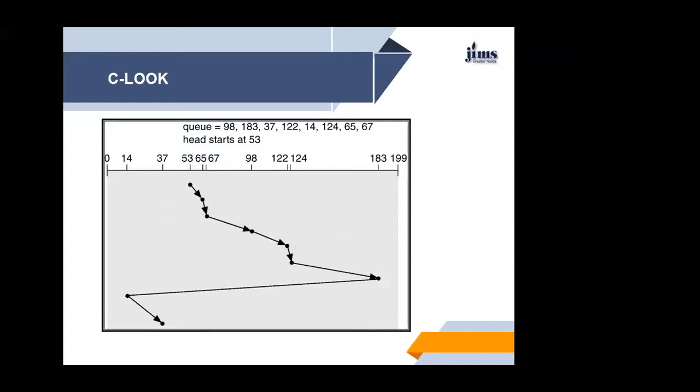Now you can see in this C-LOOK, rather than the request going from 183 to 199, it will move back from 183 to 14 and from 14 to 37. So this is the difference between scan and C-LOOK, C-SCAN and C-LOOK.